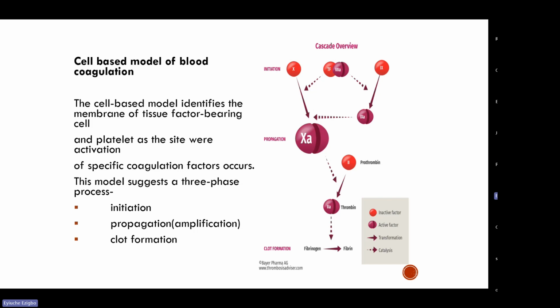It's still the same, but described on the surface to bring to your attention that the platelets and cells are contributing to the process, and that the processes are not independent.